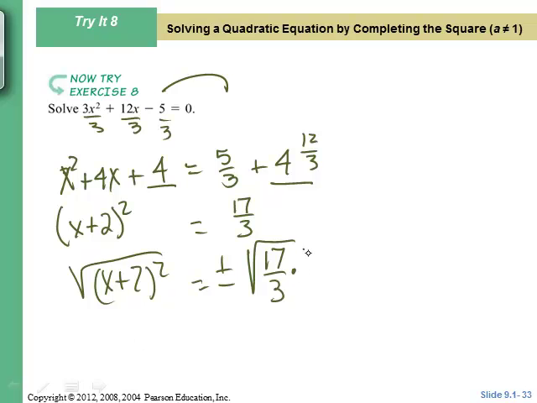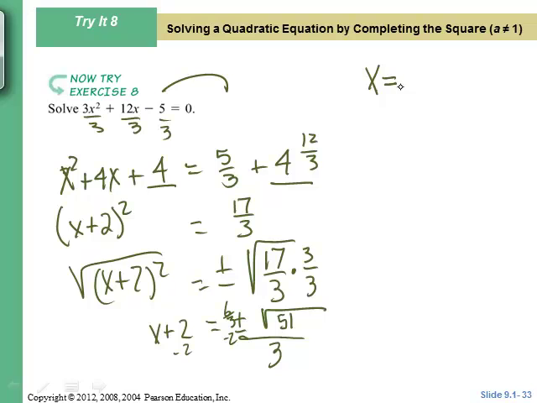You have to multiply top and bottom by 3 here so that you have x plus 2 equals plus or minus root 17 times 3 is 51 over 3. Remember, you can't have a square root in the denominator. Subtract 2 from both sides. 2 is 6/3, so our answer is x equals negative 6 plus or minus root 51 all over 3.